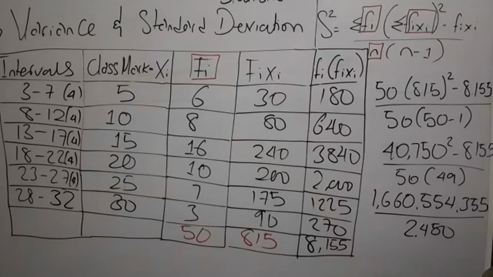So I have 166,554,345. Then I divide it by 2,450.